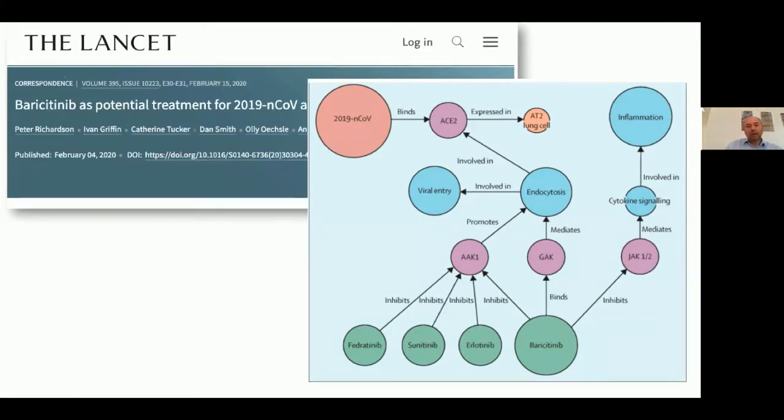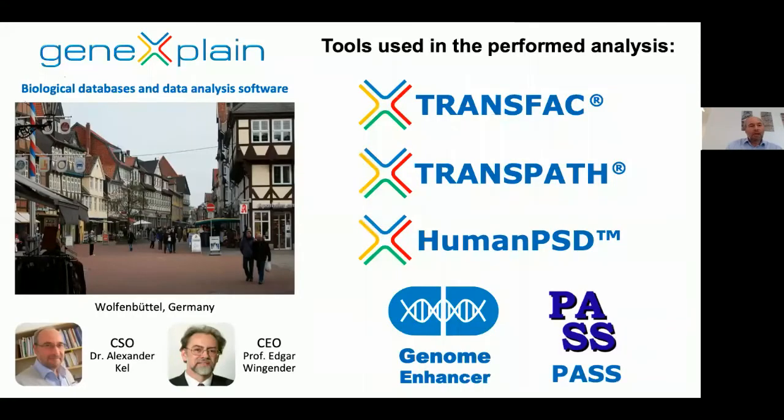In parallel, many of those drugs have an inhibitory effect against inflammation. So although they were developed as targeted drugs for cancer, they may be repurposed for the case of COVID-19. With that, I would like to finish my presentation.